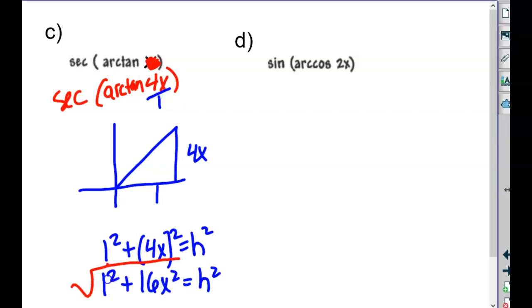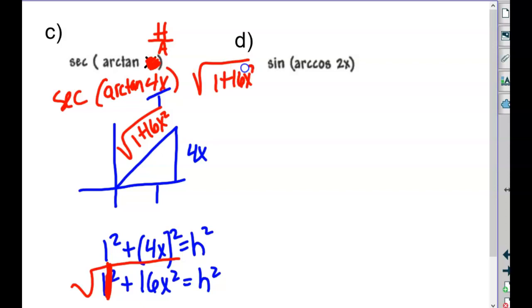The only thing I can simplify is that 1 squared is 1. Otherwise, this stays a very disgusting square root of 1 plus 16x squared, all under a radical. Then it wants the secant, which thankfully is hypotenuse over what? So it's just the square root of 1 plus 16x squared over 1.